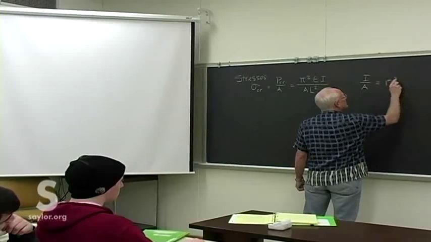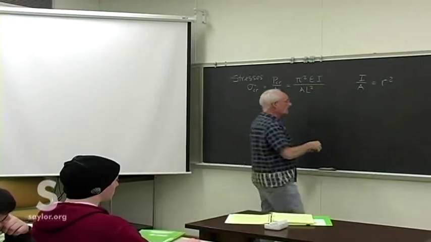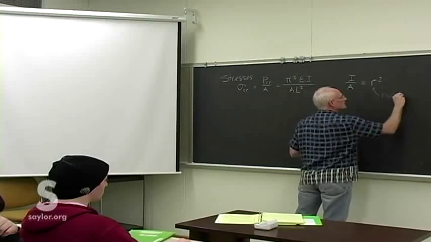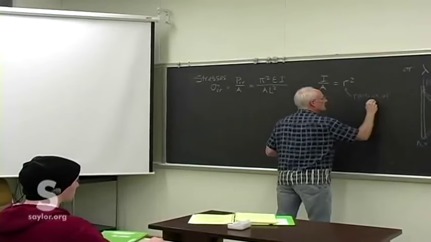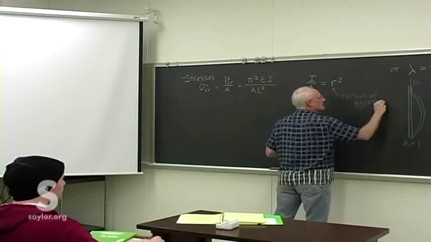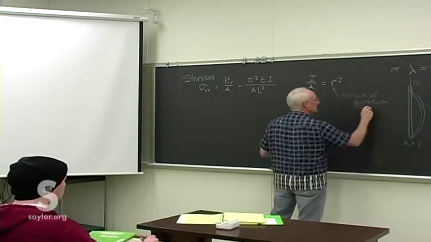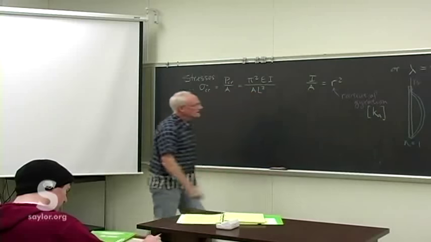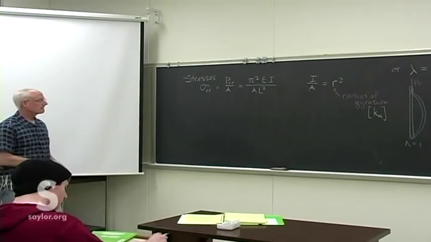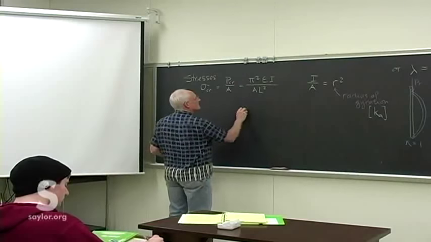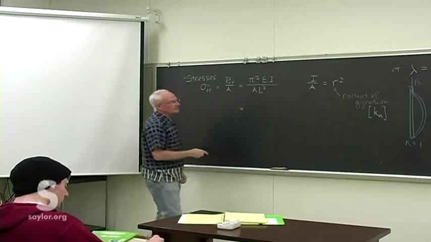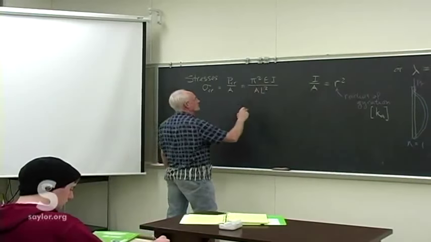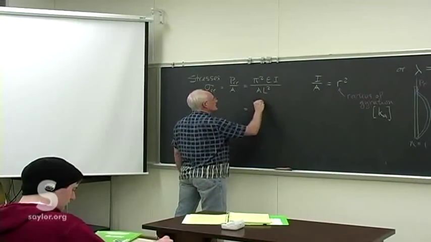Our book gives it the symbol R, but we know it as the radius of gyration. In Dynamics, we were using the symbol small k. But purely geometry, which means if you're buying beams like those I-beams in the back of the book, that will all be specified, and it'll probably be right in the table.